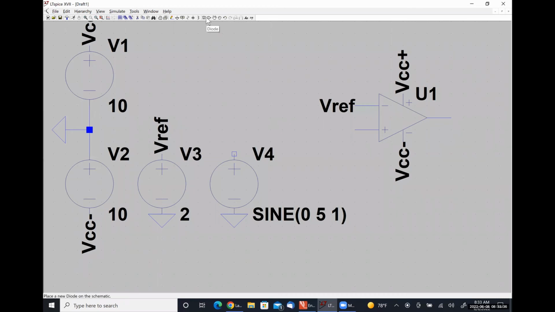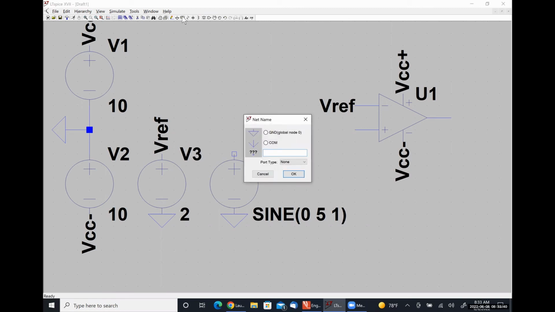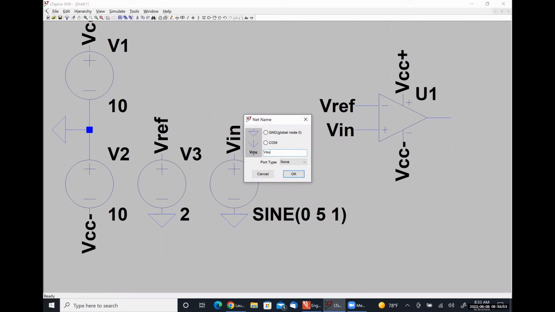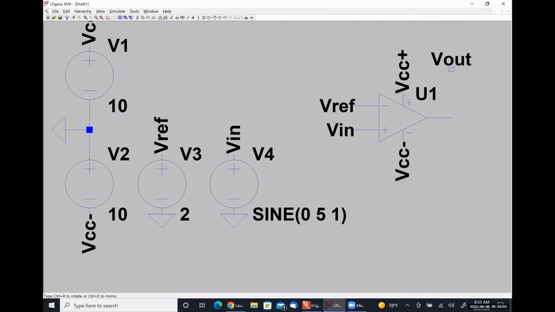Then I am going to label the positive polarity terminal of this voltage source as Vn, and apply that input voltage to my non-inverting input node. And lastly, I'm going to label the voltage at my output node as simply Vout.